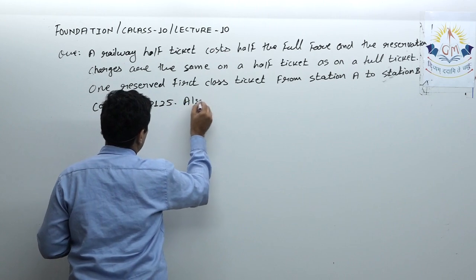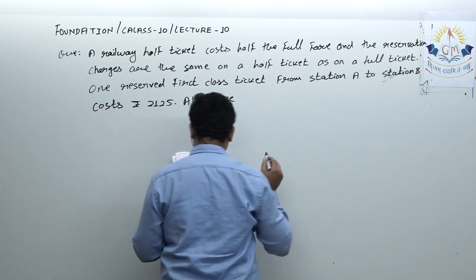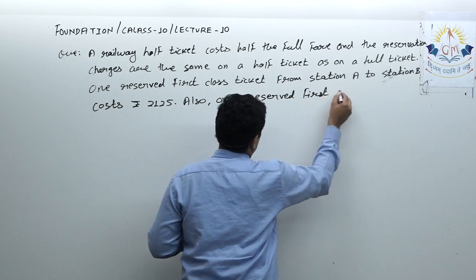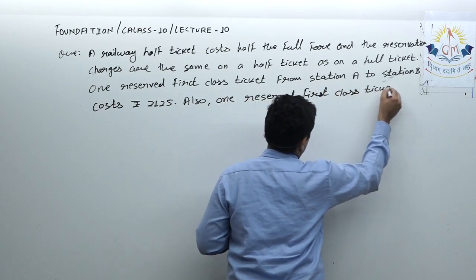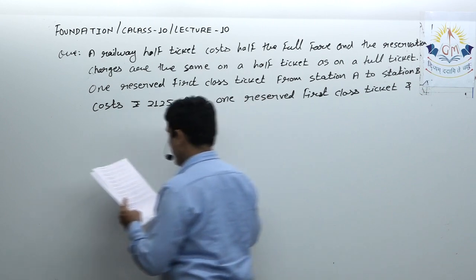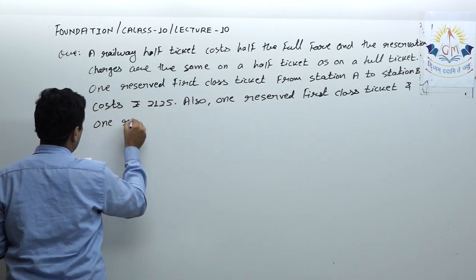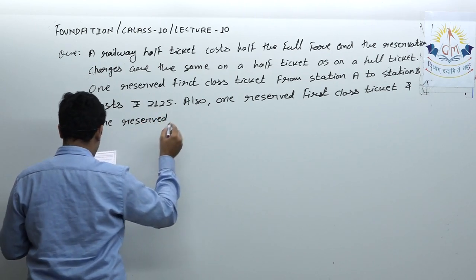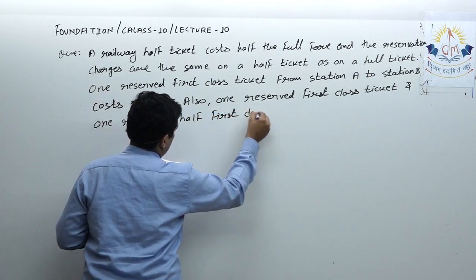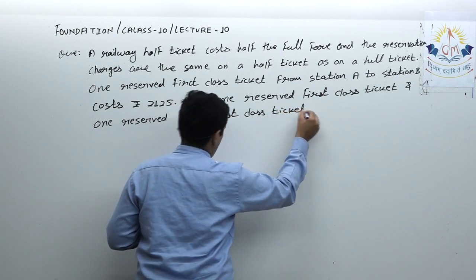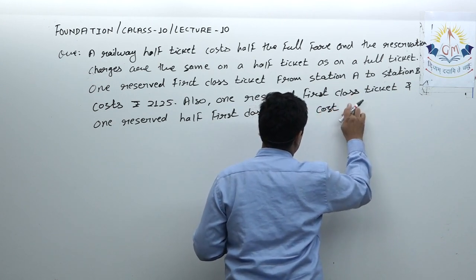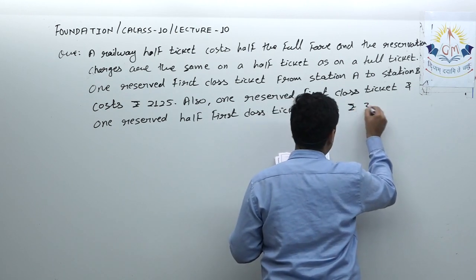Also, one reserved first class ticket and one reserved half first class ticket cost rupees 3200.